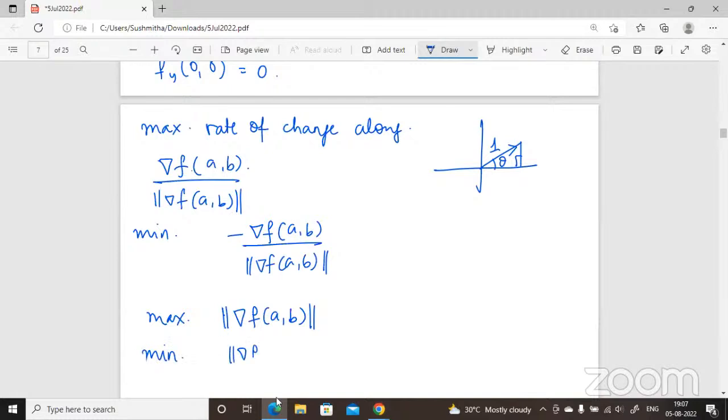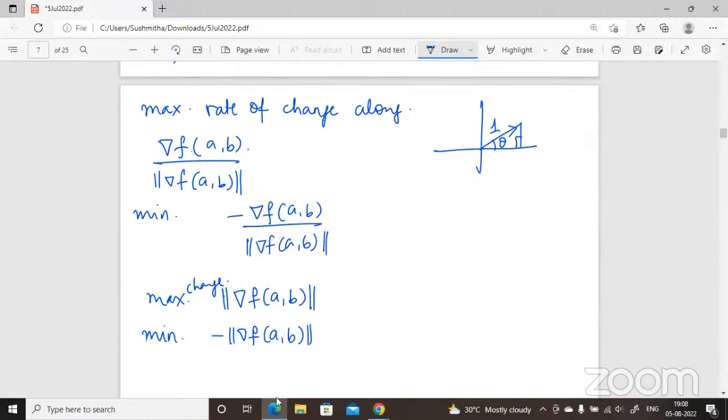The minimum is minus of this. The direction along which it changes the maximum is the gradient direction, and the maximum change is the norm of the gradient.